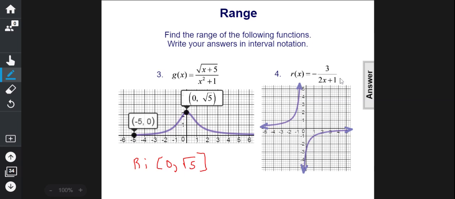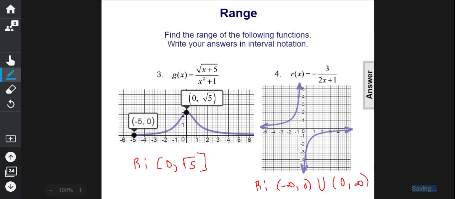Well, that doesn't happen. So this graph is avoiding 0. When I write up my range, I know I can have anything below 0, clearly. So I can have negative infinity up to 0. I'm going to have a union, and unite it with everything above 0, so from 0 to positive infinity. And that's my final answer.